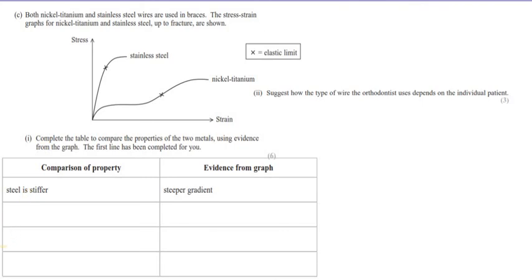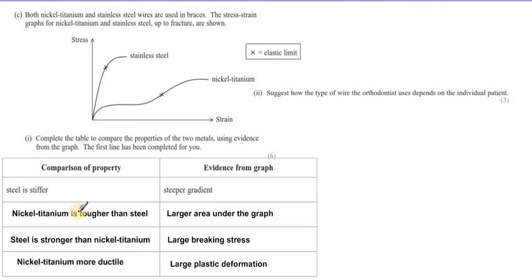Okay, so that's how you can write. So nickel titanium is tougher than steel because of the large area, showing large energy absorbed. Steel is stronger because of large breaking stress. Nickel titanium is more ductile because of large plastic deformation.